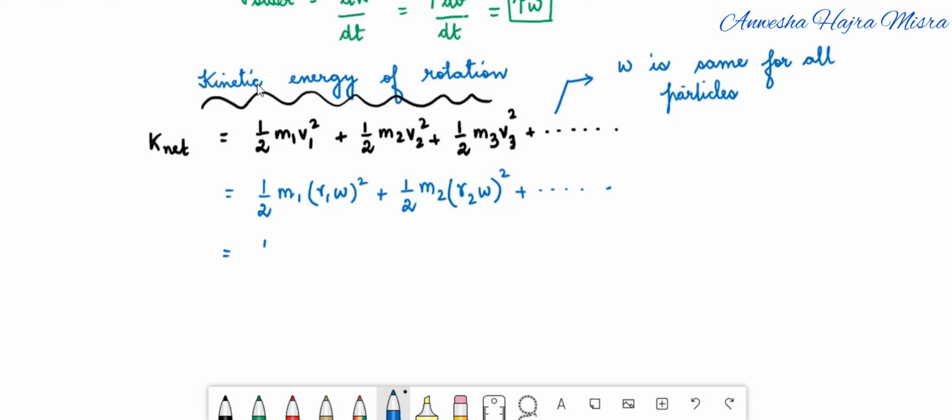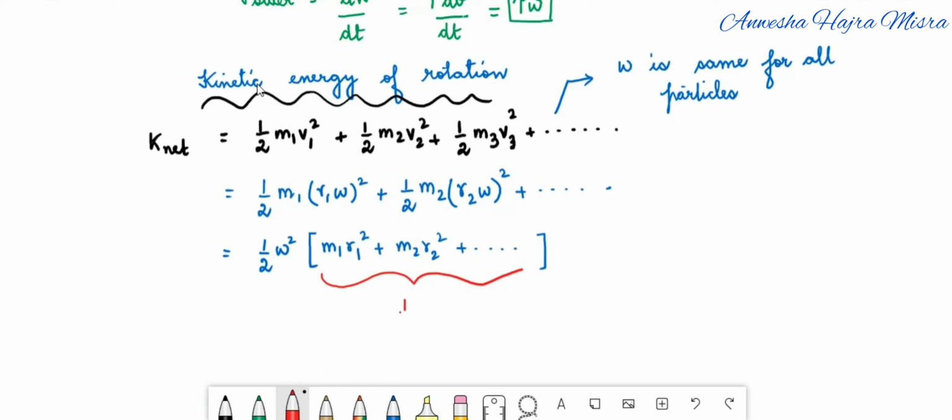Now if I take half omega square common, I end up with m1 r1 square plus m2 r2 square. And here is again the most important term, I, moment of inertia I. So kinetic energy of rotation is half I omega square.